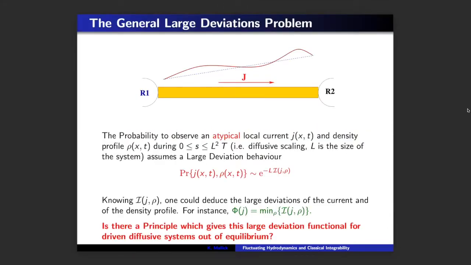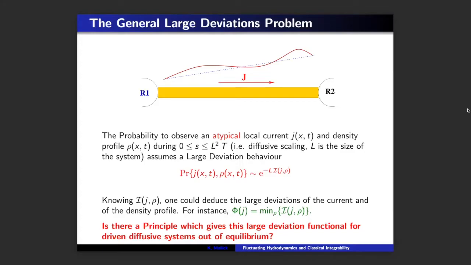This I already showed you in the first lecture, but the idea is to try to find a probabilistic description of seeing a local current J and the local density flowing through the system. Now I don't take the average values, the typical values will satisfy the hydrodynamic behavior, but I'm interested in seeing any non-typical empirical current and empirical density.